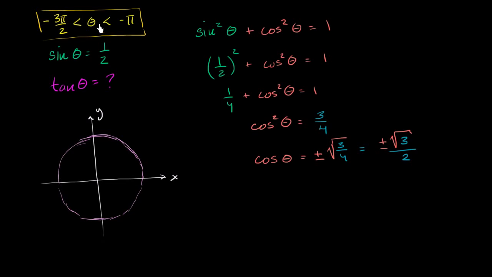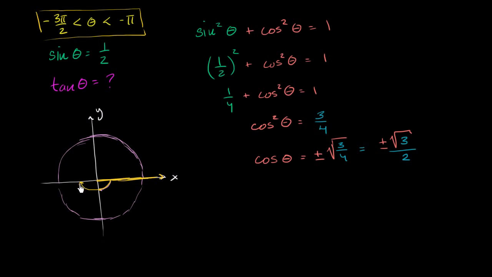And it says theta is greater than negative 3 pi over 2. So where's negative 3 pi over 2? So let's see, this is negative pi over 2. So if this is one side of the angle, let me do this in a color. One side of the angle is going to be along the positive x-axis, and we want to figure out where the other side is. This right over here, that's negative pi over 2. This is negative pi.